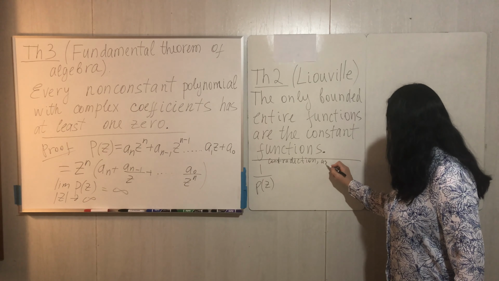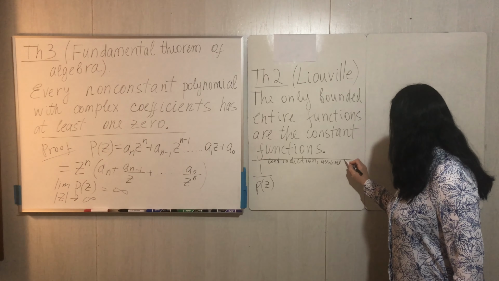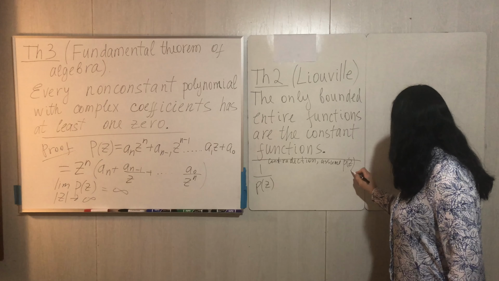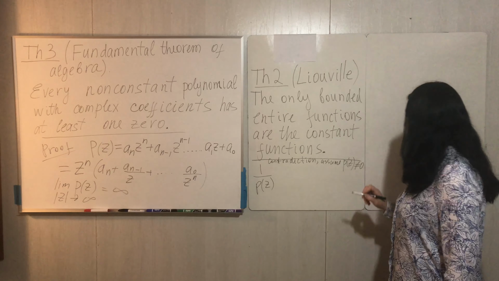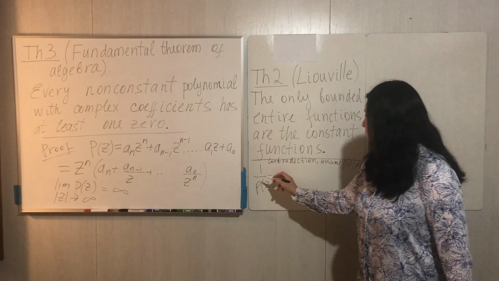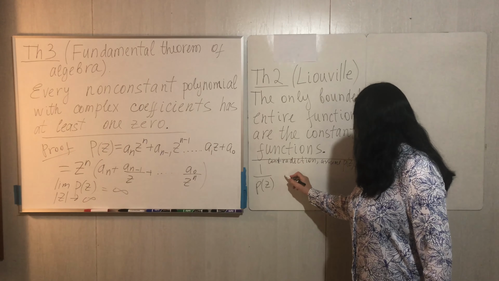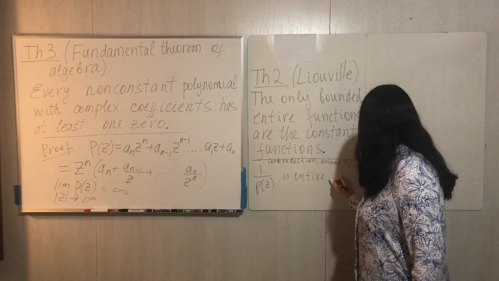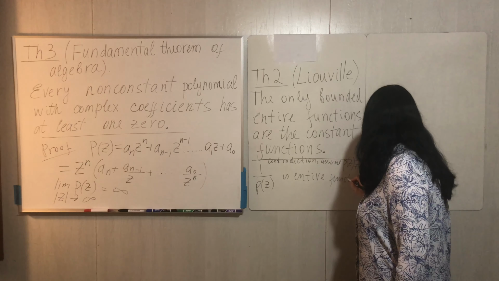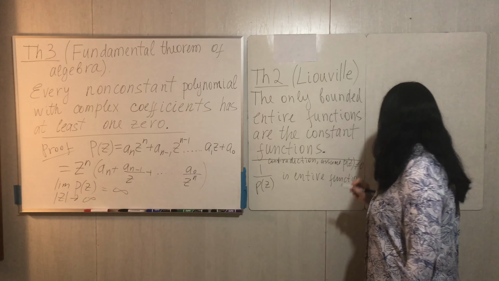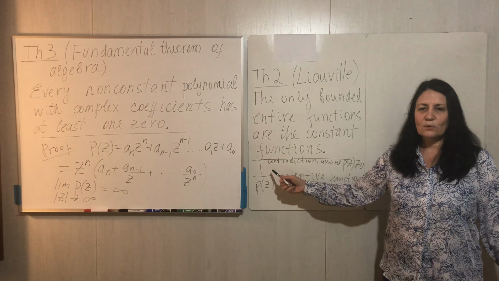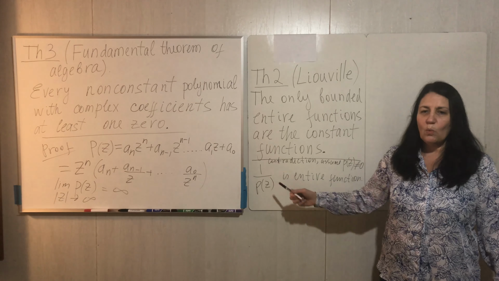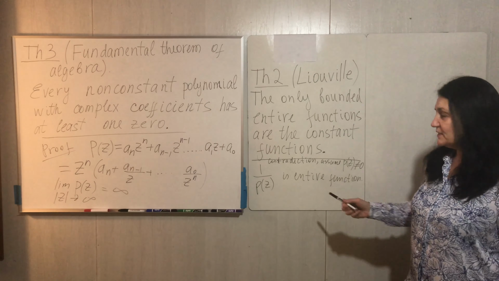So assume p of z is not equal to 0. Then we will have that 1 over p of z is an entire function. So let's look at this entire function 1 over p of z.